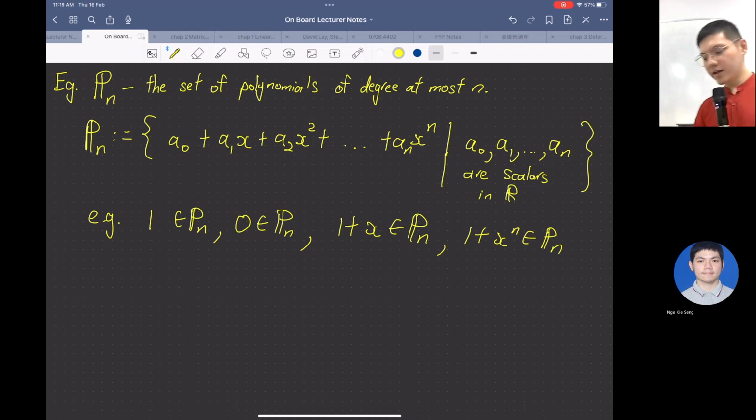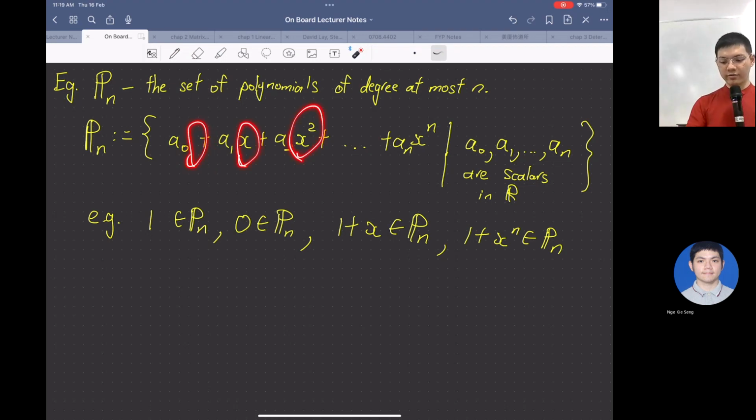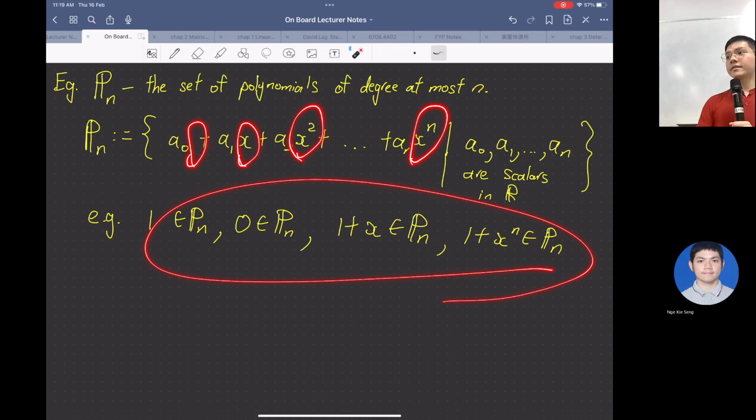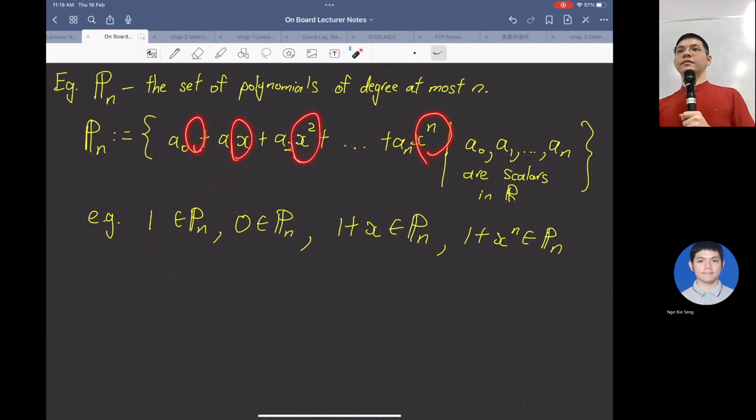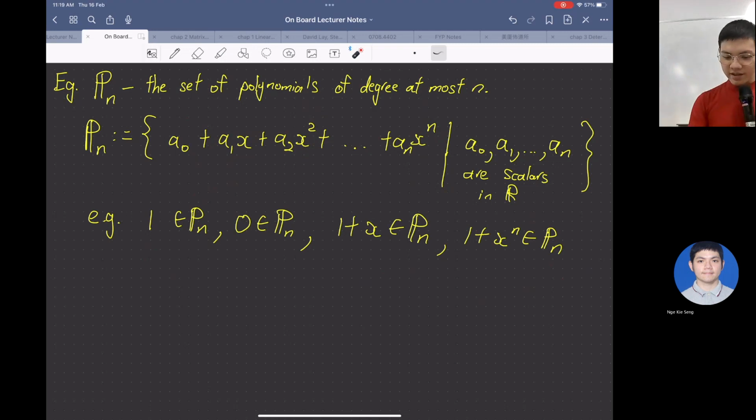Any linear combination of 1, x, x squared, up to x^n is in Pn. It is the set of all linear combinations of 1, x, x squared, up to x^n. So far, okay? So in this case, how do you add two polynomials together?